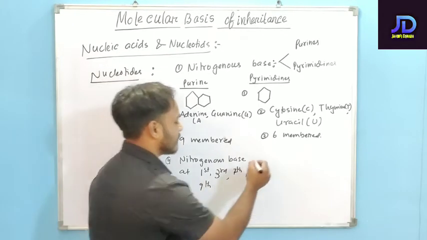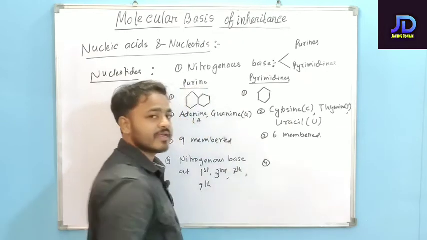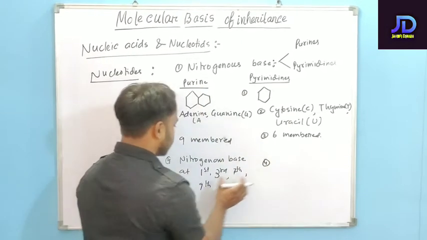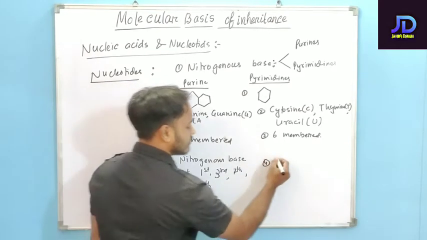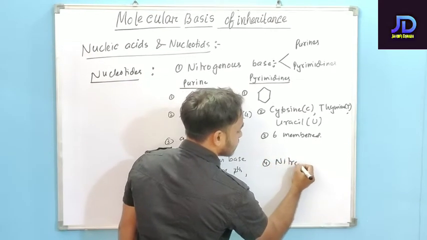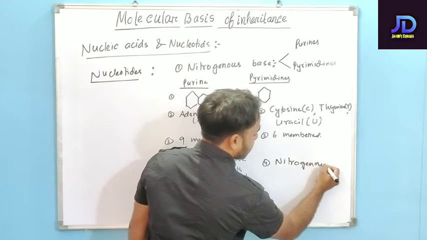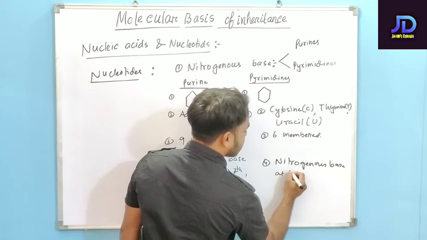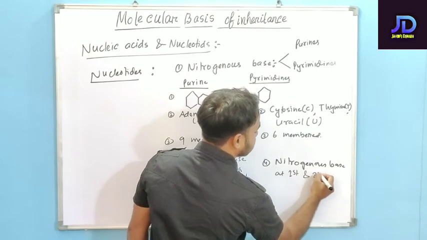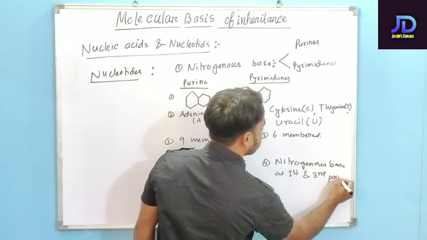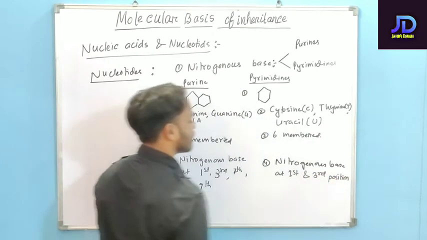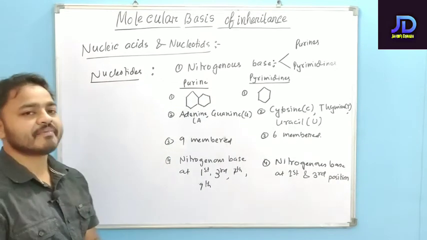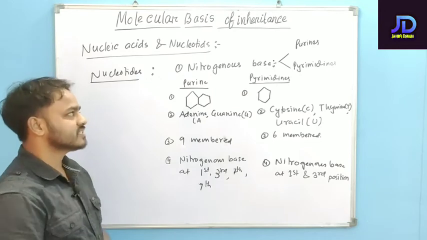But in case of pyrimidines, the nitrogenous base can be found at 1st and 3rd position. So these are some differences between purines and pyrimidines, which are the nitrogenous bases.